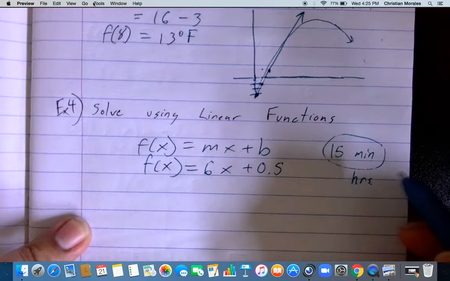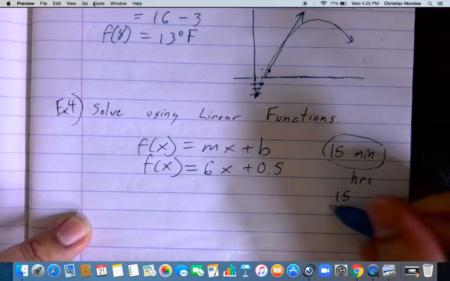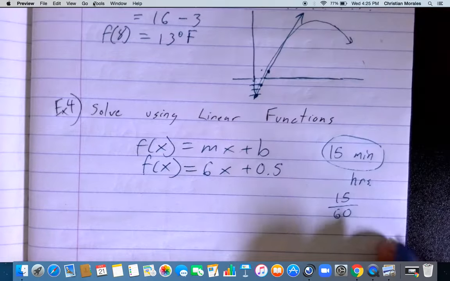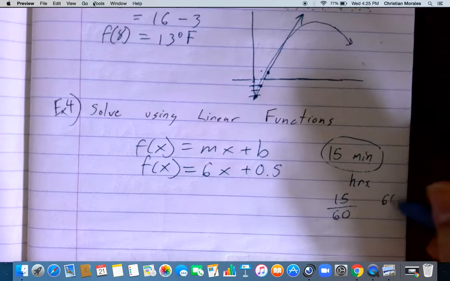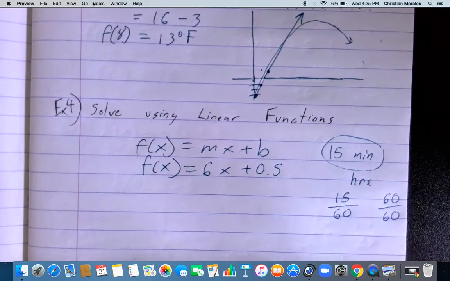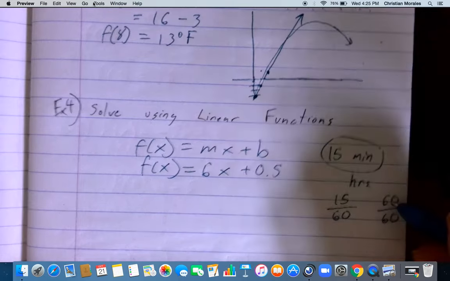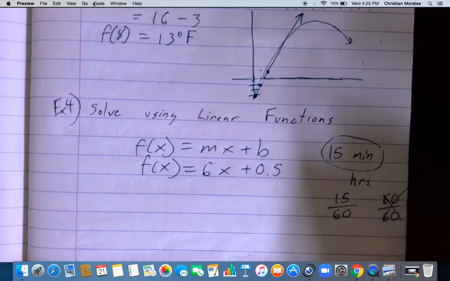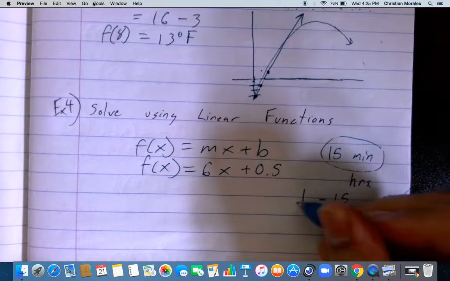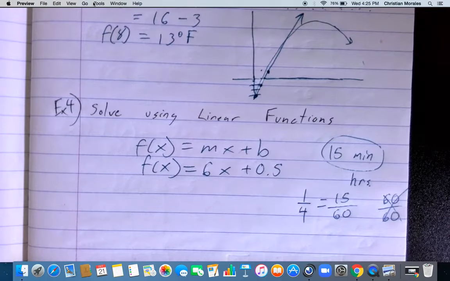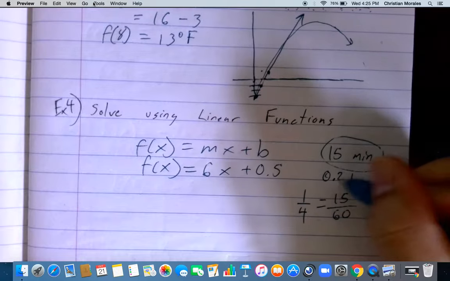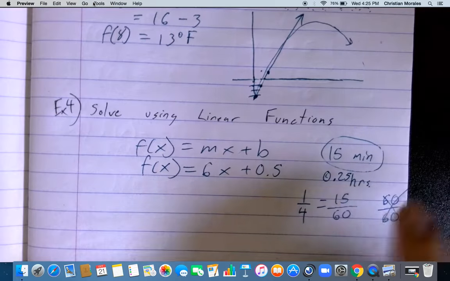Right now, all you have is 15 minutes out of 60 minutes. Because if you had 60 minutes out of 60 minutes, you would get 1 hour. But if you only have 15 minutes, that is a quarter of an hour. If we're going to use decimals, we would change a quarter by dividing it to 0.25.